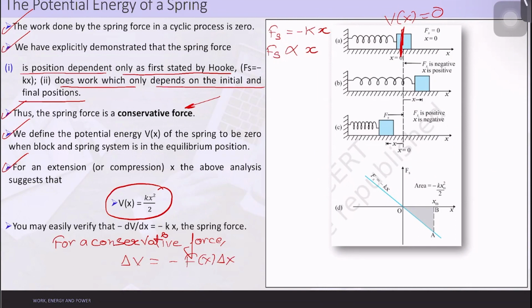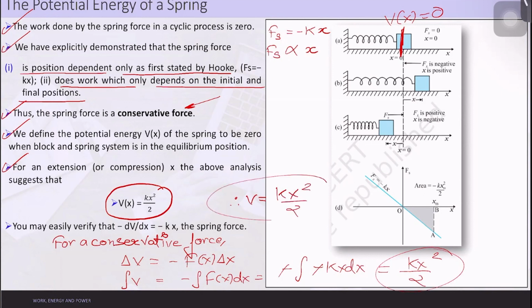Therefore the complete integration of V is equal to minus integration f of x dx, which is minus integration of minus kx dx. The minus signs cancel, and we can write kx square by 2. Therefore the potential energy is equal to half kx square. So you can understand how we got this result.